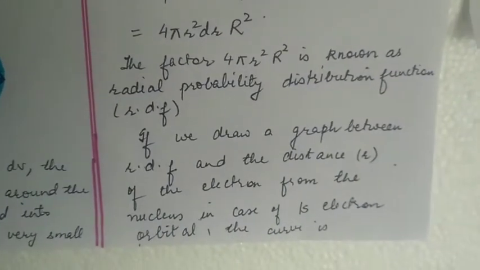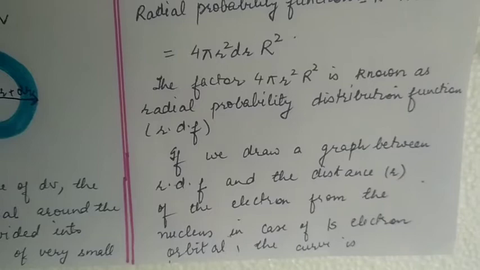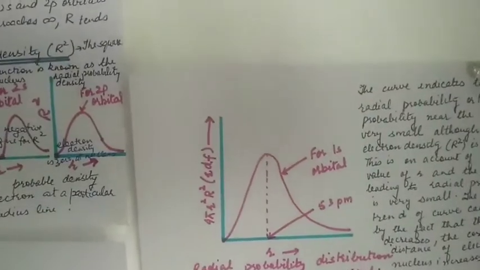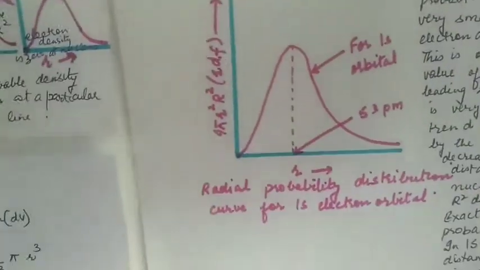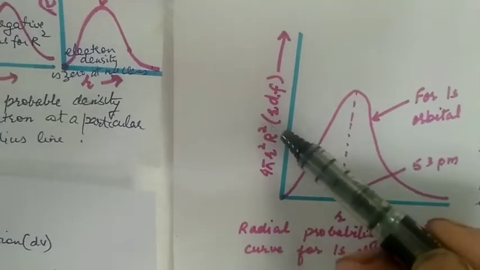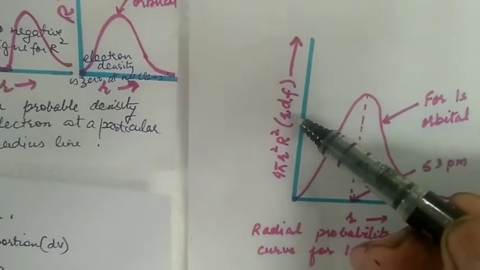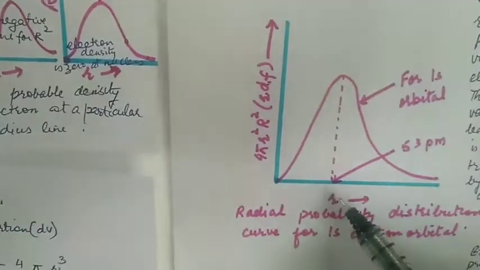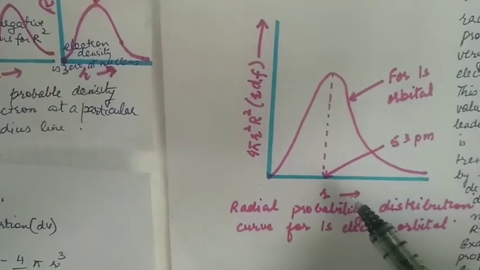If we draw a graph between RDF and the distance r of the electron from the nucleus, in case of 1s electron we get this plot. So this is 4 pi r square, which is also called radial probability distribution function. It is plotted against r, which is distance of electron from the nucleus.